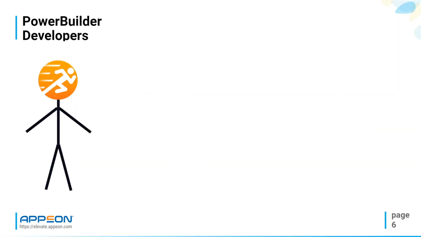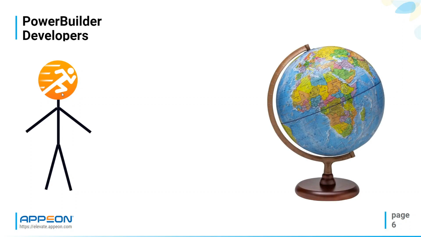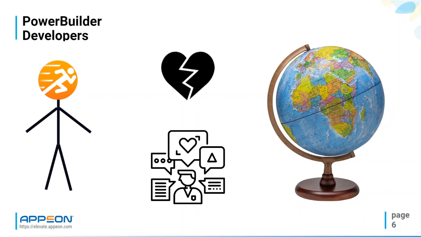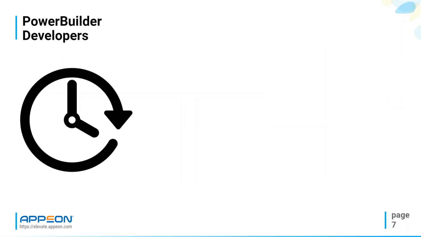Let's get started. Well, that's us, PowerBuilder developers, and that's the world. So how does this work? Usually the world doesn't actually like us because of the technology we use, and so they rather want some fancy technology like Java, C# or whatever, web technology, but still they need us because we are so freaking fast.